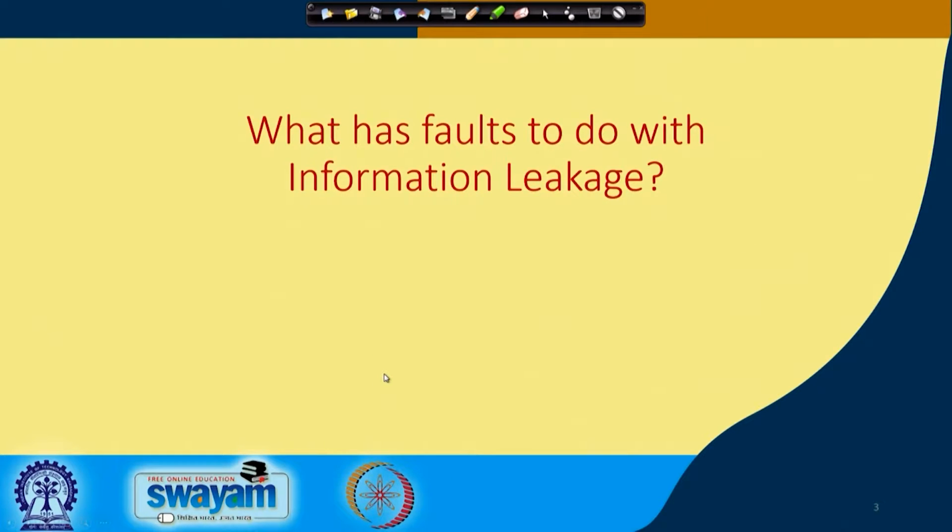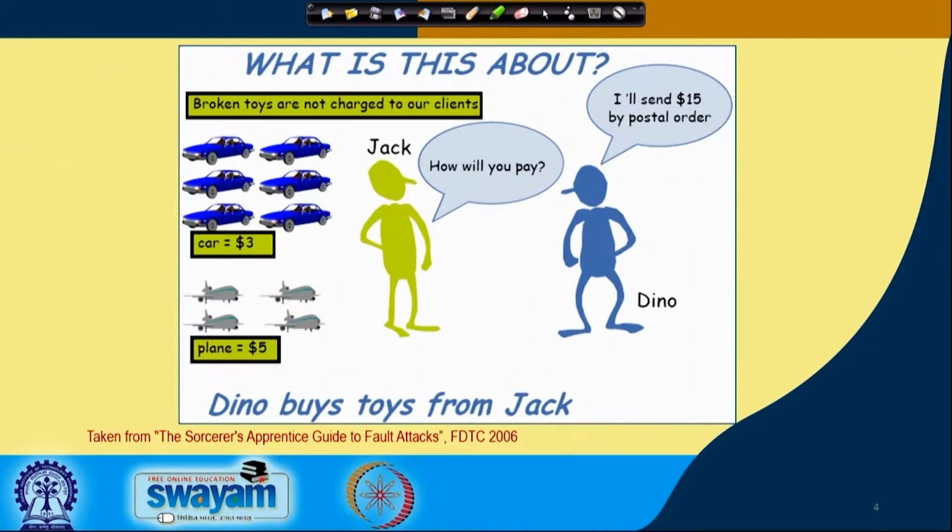So first of all, what have faults got to do with information leakage? Let us try a very high level description with a very simple example. Imagine that there is a dealer Jack. This example has been taken from the Sorcerer's Apprentice Guide to Fault Attacks, shown in FDTC 2006, a workshop on fault attacks co-held with CHES.